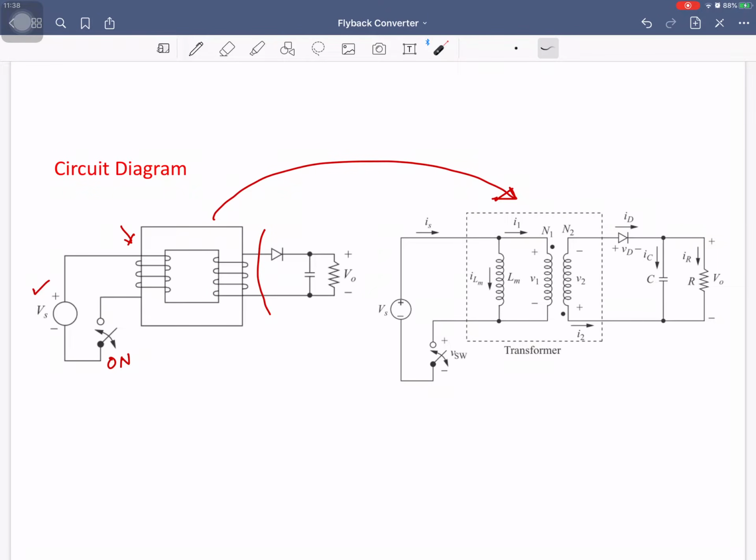And during this analysis, we will neglect the transformer losses. We will neglect the leakage inductances. We will assume that the output capacitor is quite large and the voltage at the output, that is V0, is nearly constant. And the circuit is operating in the steady state.